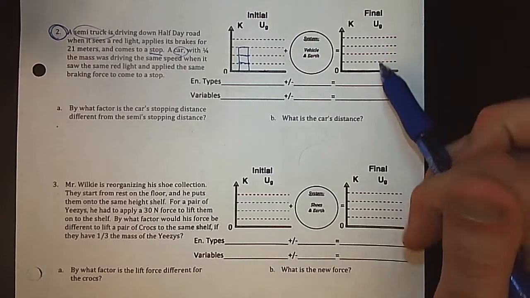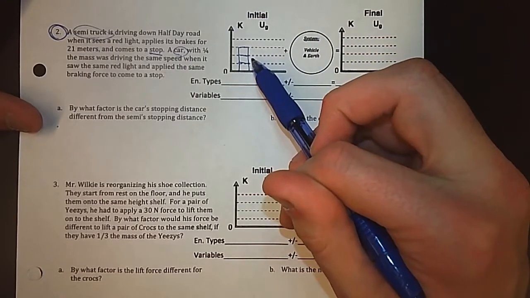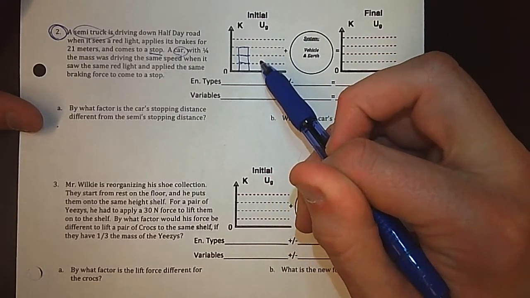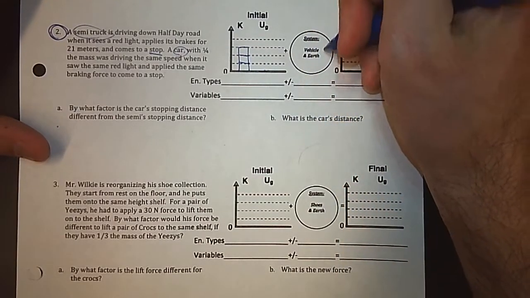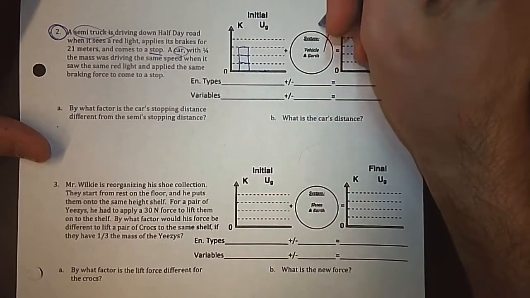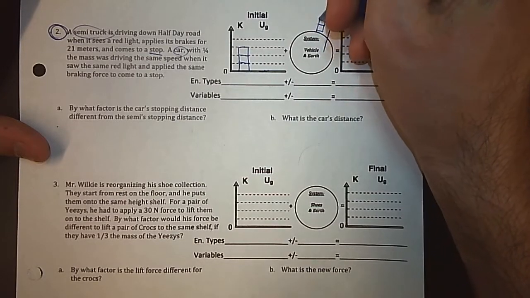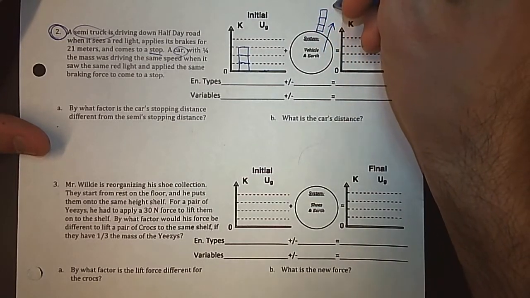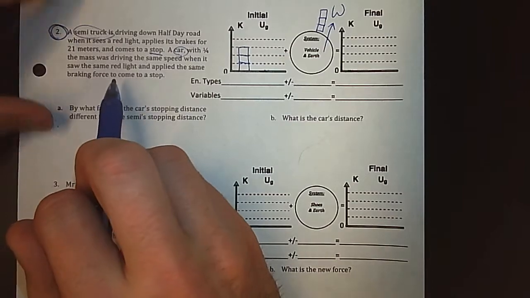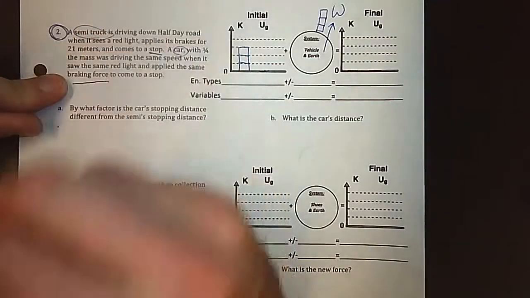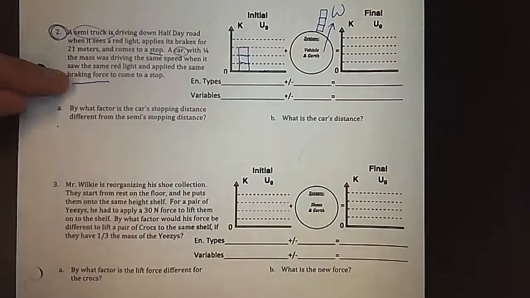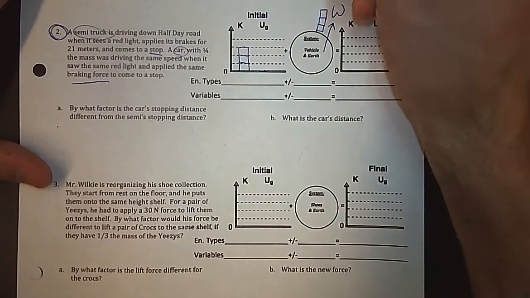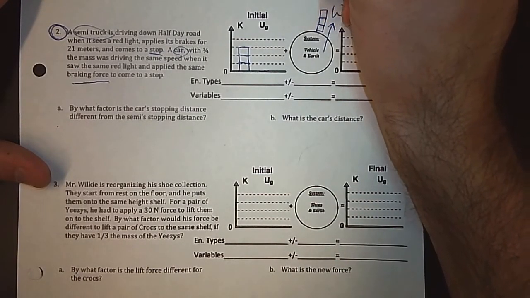Right? So just kind of logically, since you can't create or destroy energy, I know that I have to have energy leave my system. Work has to be done. So I'm going to have 3 blocks leave my system because logically that just had to happen. Additionally, it says that there's a braking force that's causing this truck or car to come to a stop, which means, again, work equals force times distance.